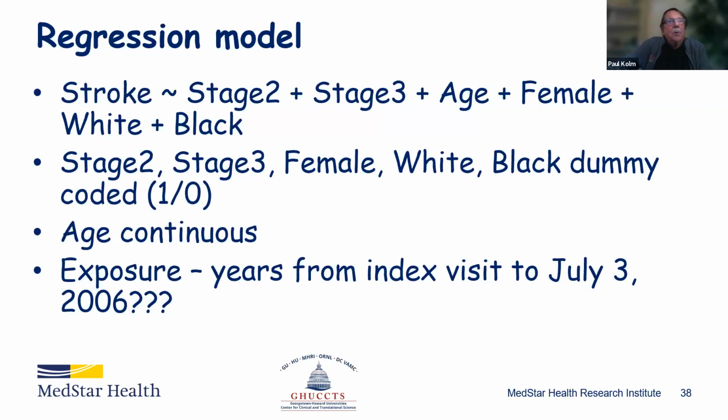So we have dummy coded our dichotomous independent variables, stage 2, 3, and so on. Age is continuous. And then our exposure is going to be years from their index visit to about midway through 2006. I put question marks there because I wasn't quite sure that's when it ended for everybody.